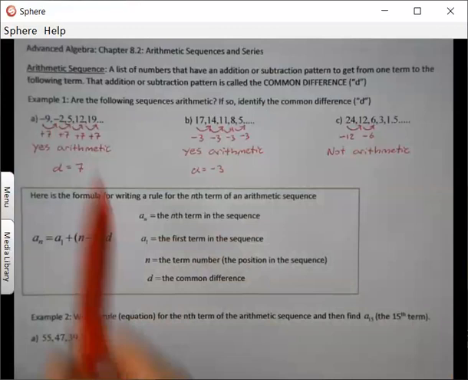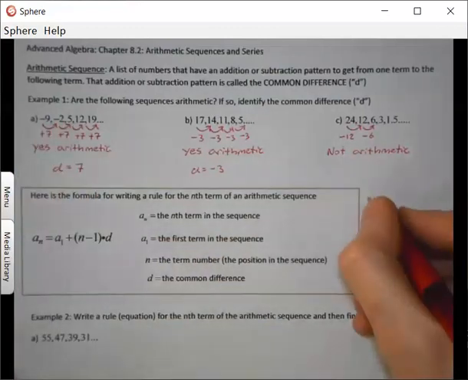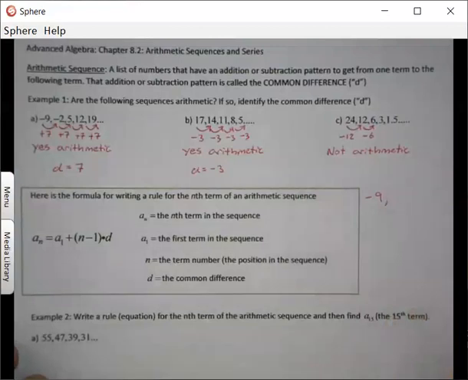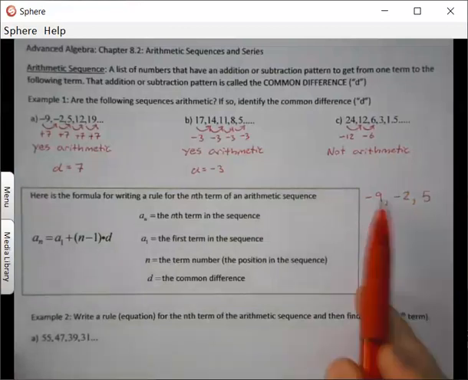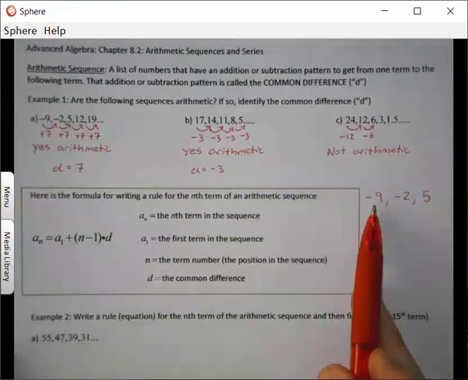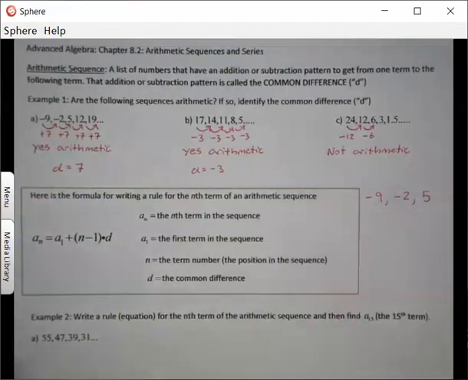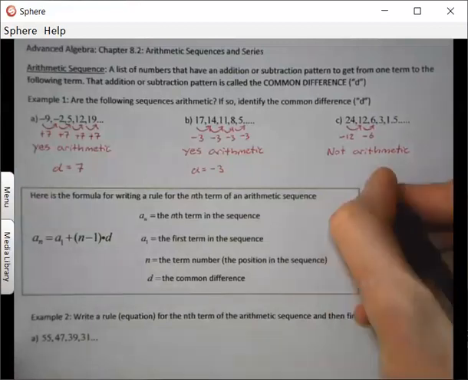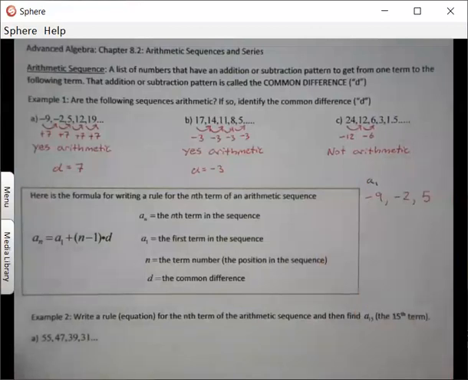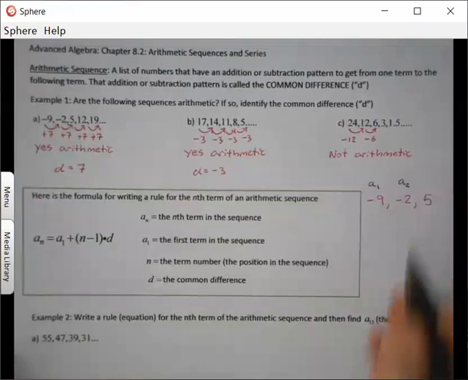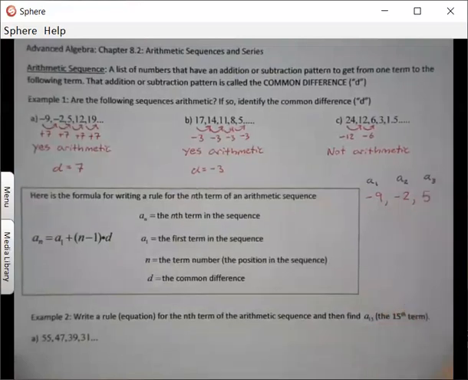So using A as an example, -9 is our first term, so that would be a sub 1. Our second term, a sub 2. Third term, a sub 3.